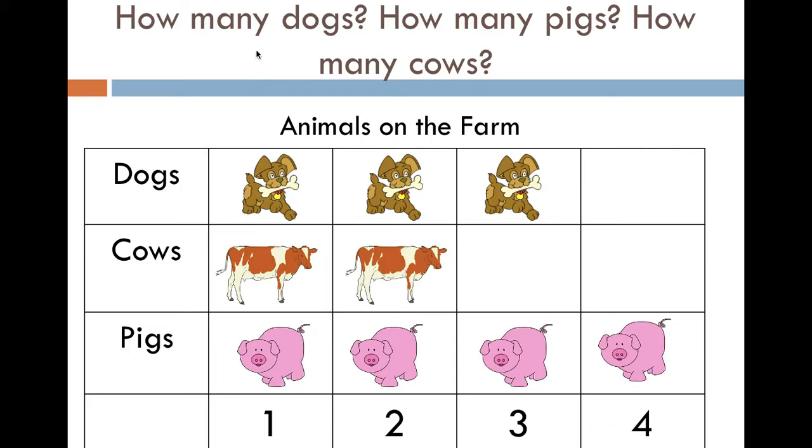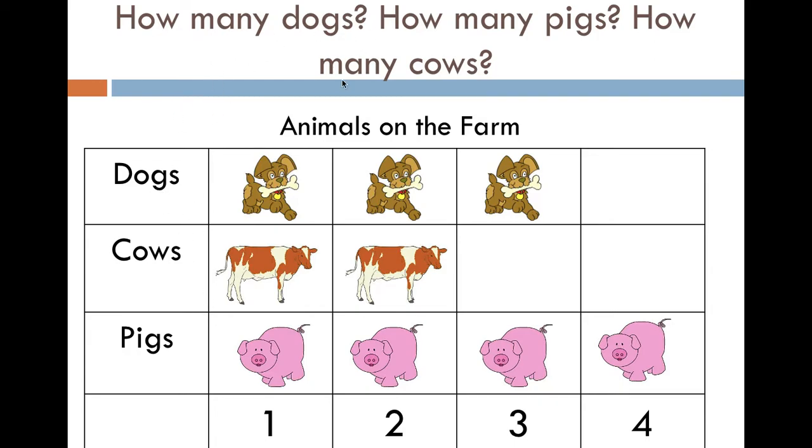At the top it says how many dogs, how many pigs, and how many cows. Usually when you see data in picture form or in graph form, there are questions that you need to answer that go along with it. The types of questions we have at the top here come straight from just reading the chart.